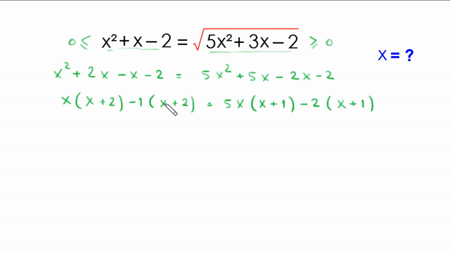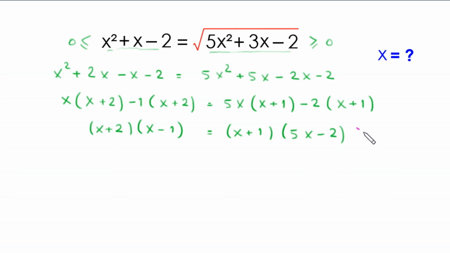The left side has x plus 2 as a common factor, with x minus 1 in brackets, and the right side has x plus 1 as a common factor, with 5x minus 2 in brackets.